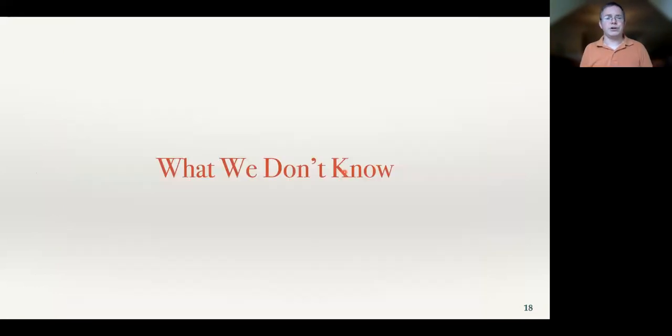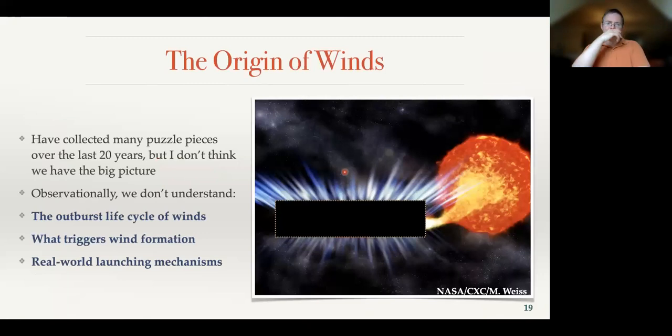But I'd like to turn to what we don't know. If I can put an umbrella to it, I think that at this point, we still really don't understand the origin of accretion disk winds. We have a lot of details. We have a lot of the puzzle pieces that we have collected, but from an observational perspective, I don't think we understand the life cycle of winds, the patterns that they trace out in the Q diagram.